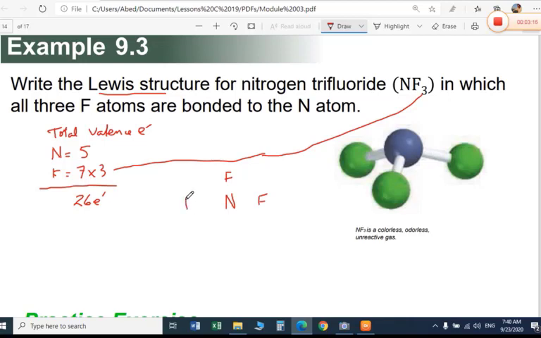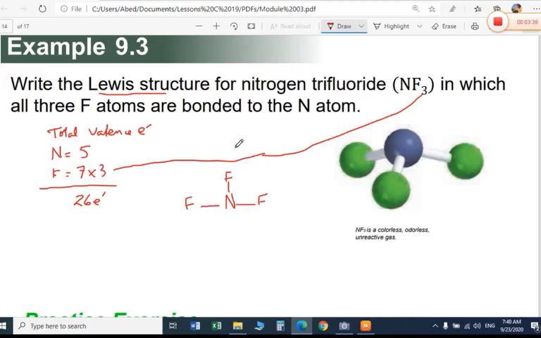So this is one fluorine here, and all the fluorines are connected to the central nitrogen atom. And remember not to connect fluorine with fluorine; only connect the central atom to the surrounding atoms with single bonds. And then the next rule says fulfill the octet, follow the octet rule.